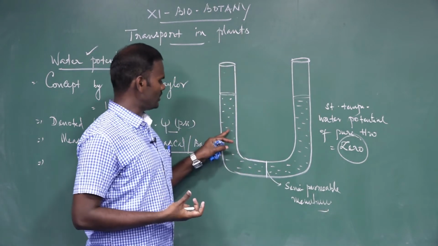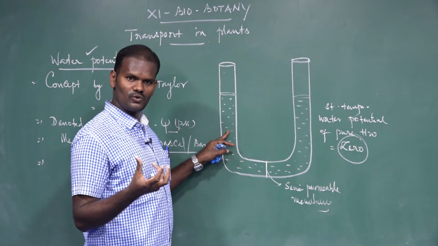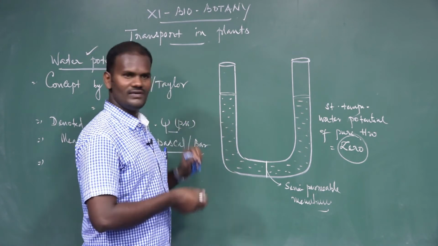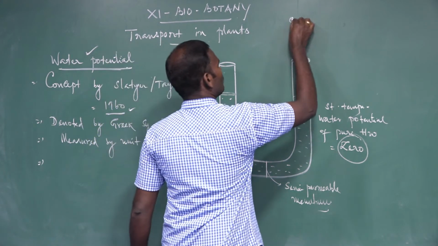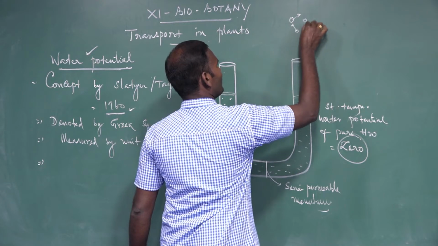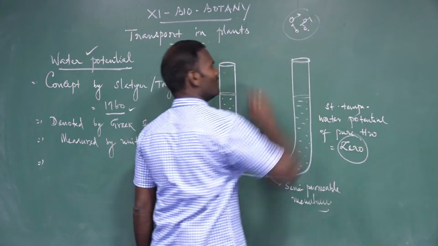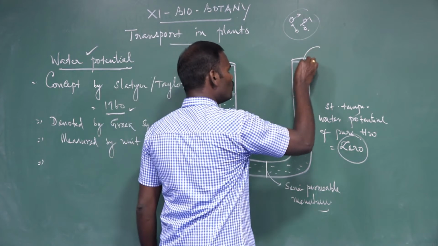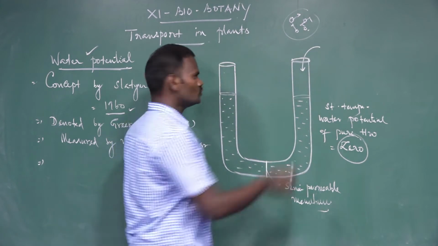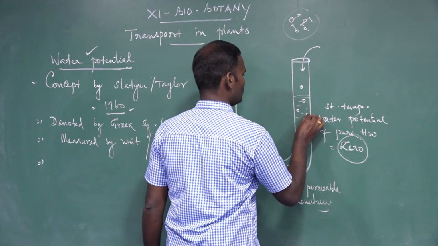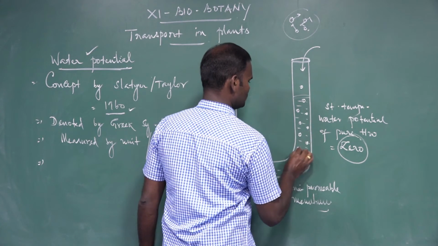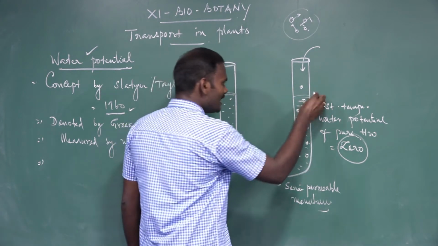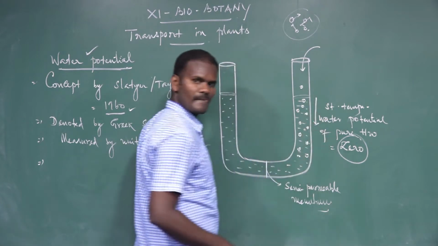Then what is called water potential? Each and every water molecule has free energy. They move freely or randomly in the living system. That is water potential. If you add any solute particle, for example sugar particles or salt, they reduce the water potential.